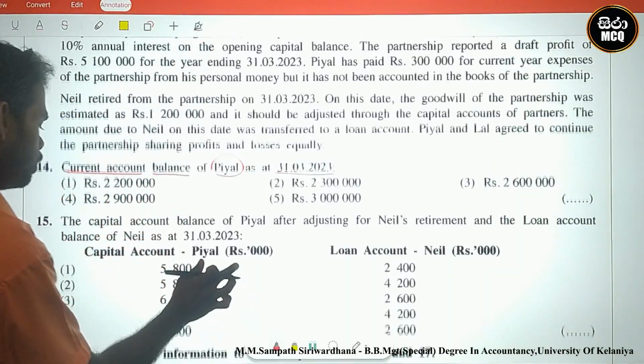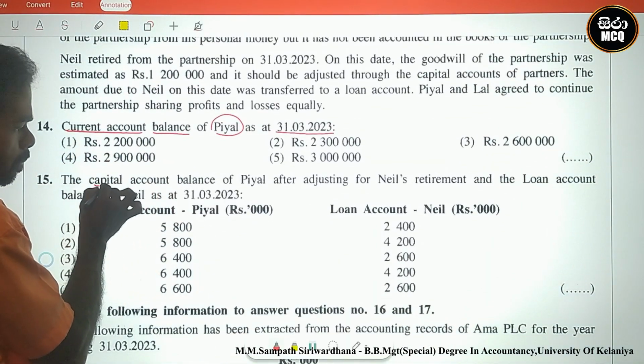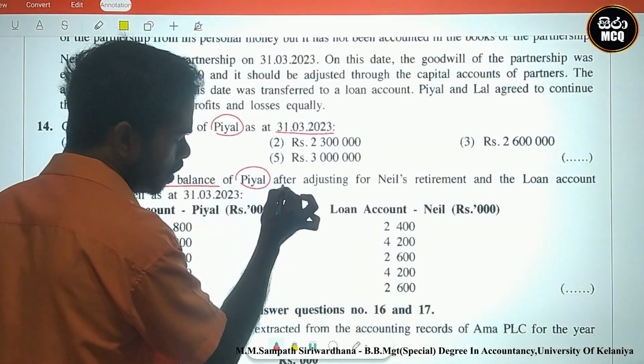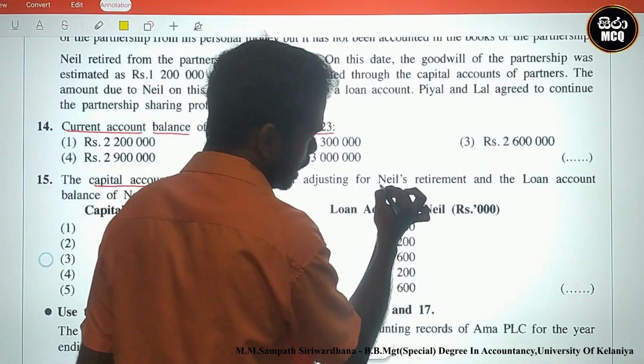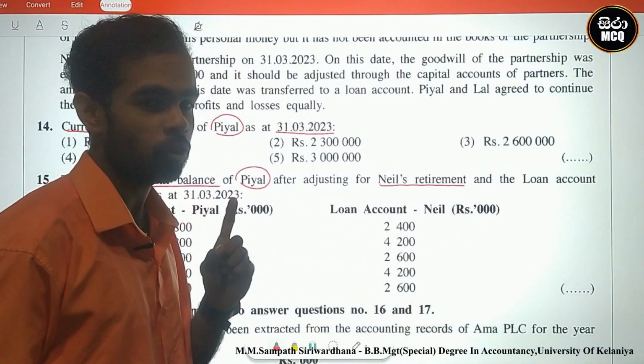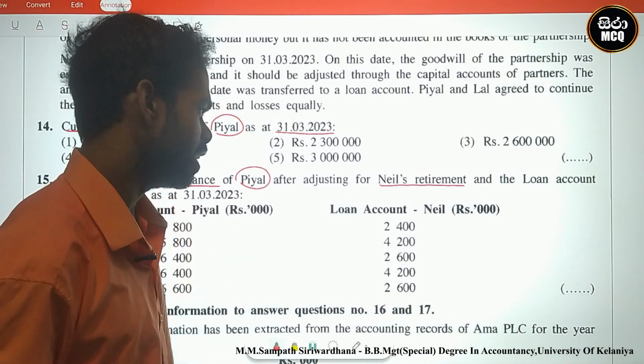After that, the question 15 requirement: capital account balance of PL after adjusting for Neil's retirement. We can imagine that there is a retirement of Neil. Neil is the retired person.